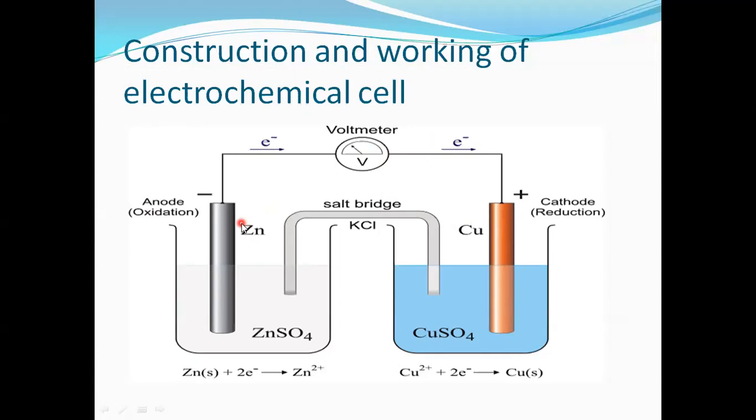In electrical conductivity, there is mobility of electrons. In electrolytic conductivity, there is mobility of ions as well as electrons. In electrolytic conductivity, the anion moves towards the anode and the cation moves towards the cathode. Along with that, the anode is the electron donor and the cathode is the electron acceptor.